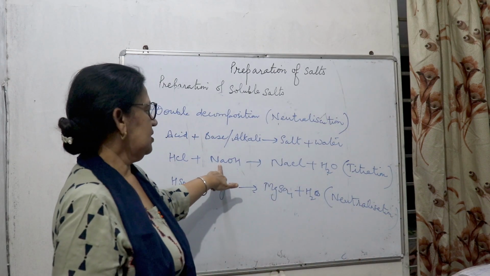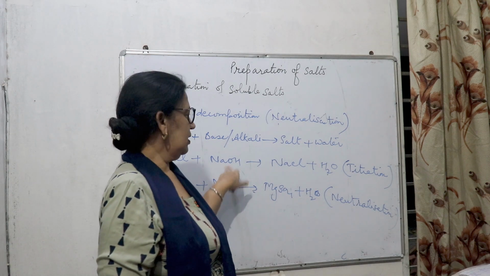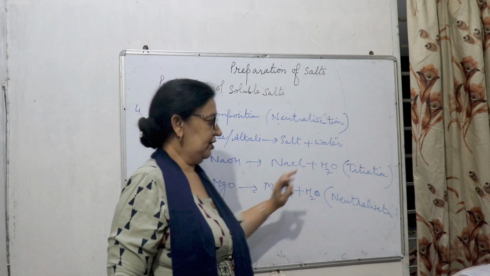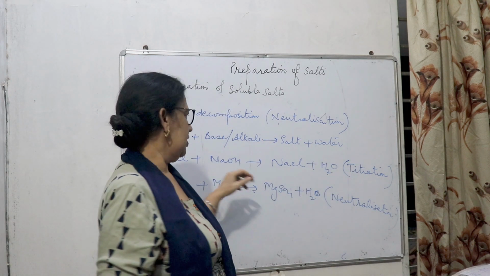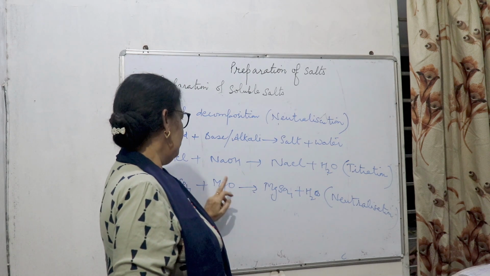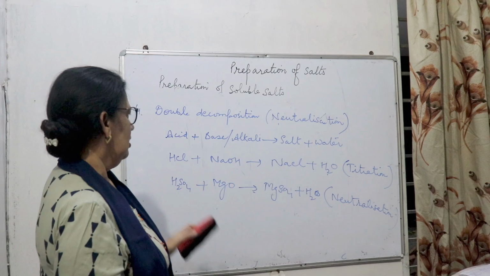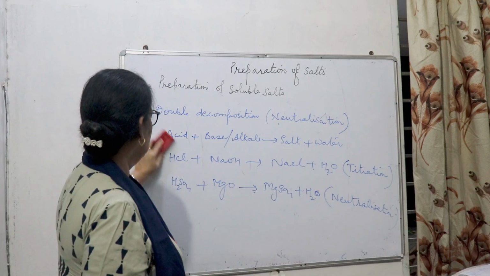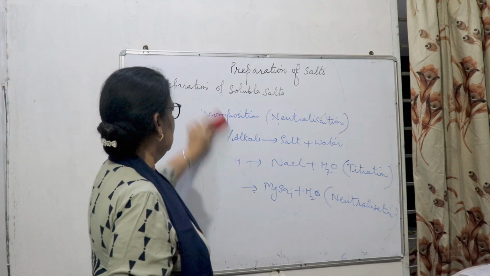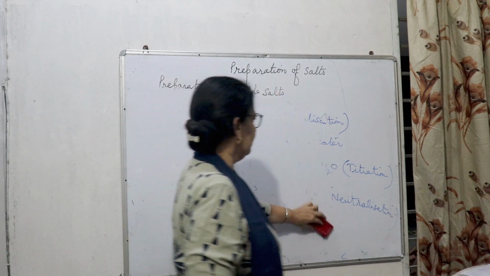So when the base is soluble, when the base is an alkali, then that is called titration. But sometimes this is also written as neutralization. But when the base is insoluble, that is purely neutralization. I hope that this is clear to you.